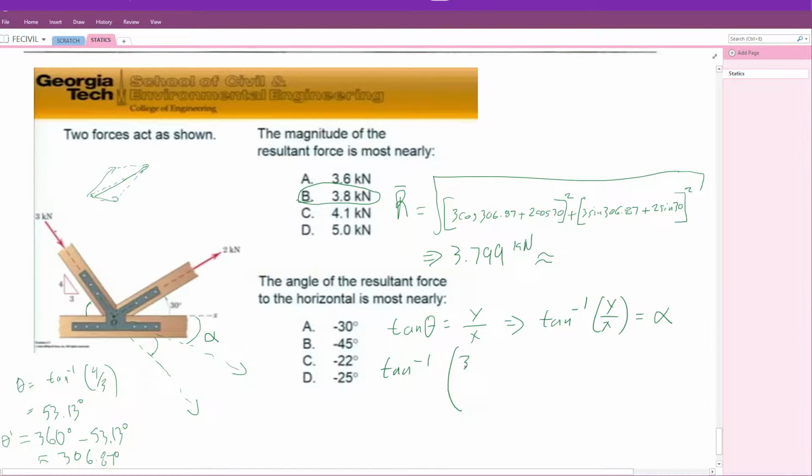I'm going to put 3 sine 306.87 plus 2 sine 30 degrees over 3 cosine 306.87, excuse me, plus 2 cosine 30 degrees.